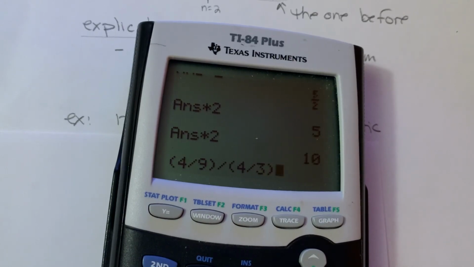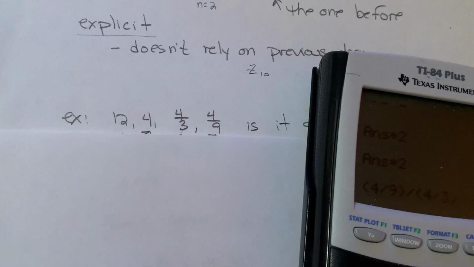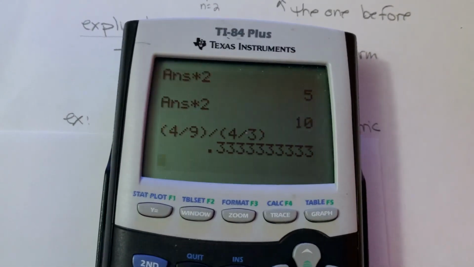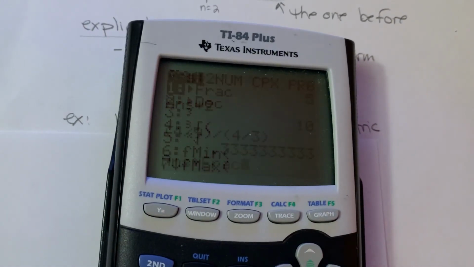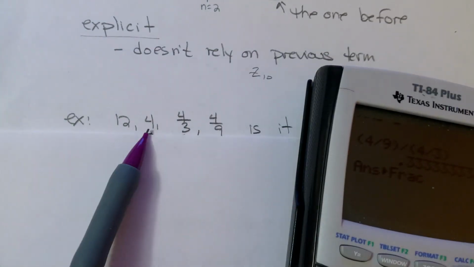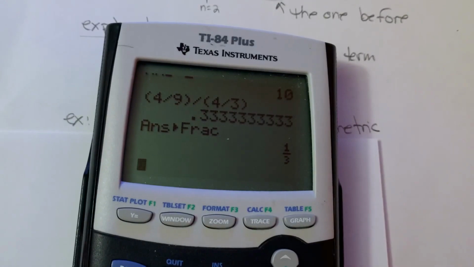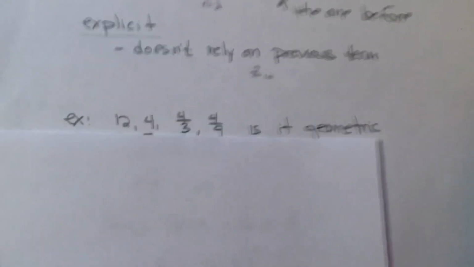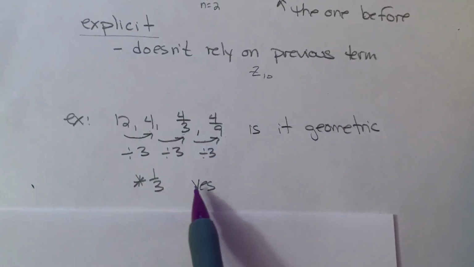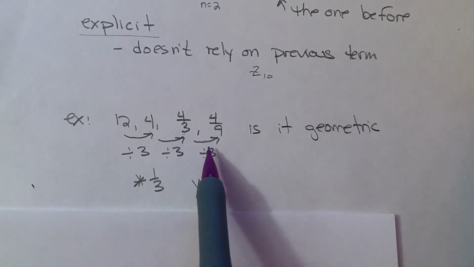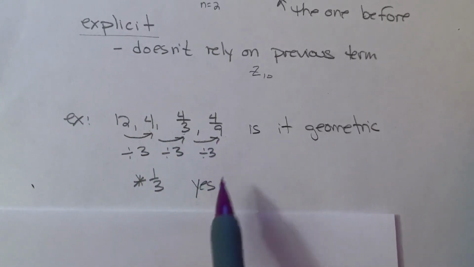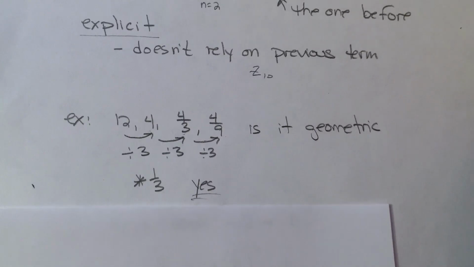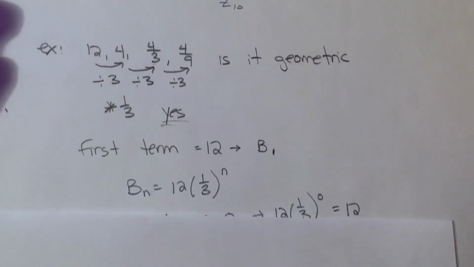If I divide 4/9 by 4/3, I get 0.333, which is 1/3. Then if I divide 4/3 by 4, I get the same thing, 0.333. So then I know I multiplied by 1/3 every time to get to the next number. That is the definition of geometric. So I would say, yes, this is geometric.